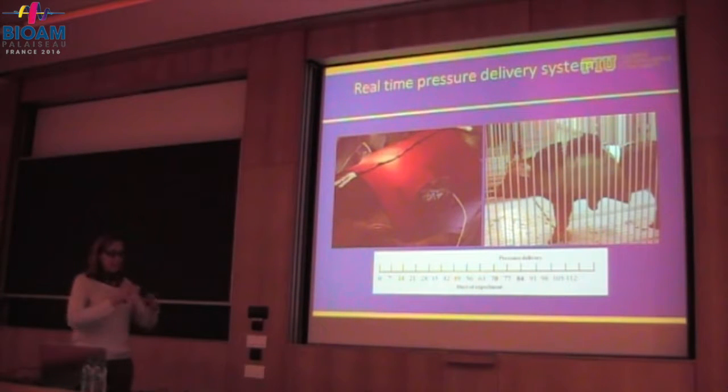So they sense the force that the scar imposes on them, and they push back. So if the animal moves or the scar grows, we constantly impose some pressure onto the scar, which is, in this case, 30 millimeters of mercury. And these are wireless devices. There is a little wire here, but it goes to basically a battery pack that was mounted on our animal.